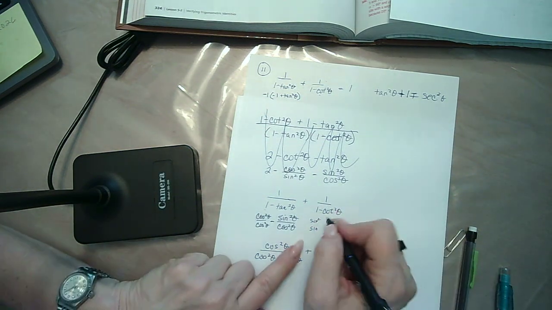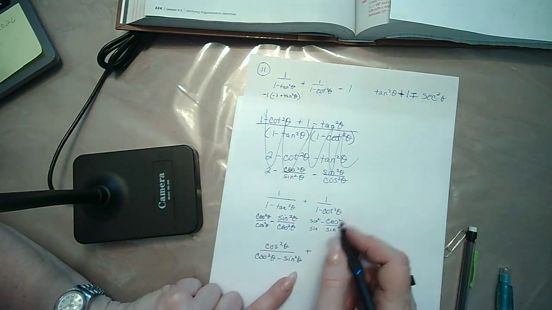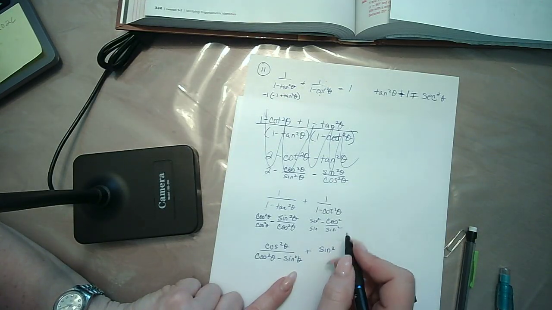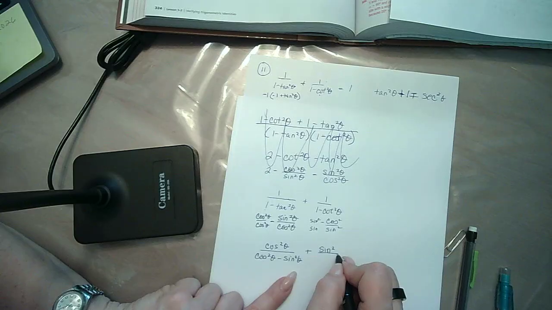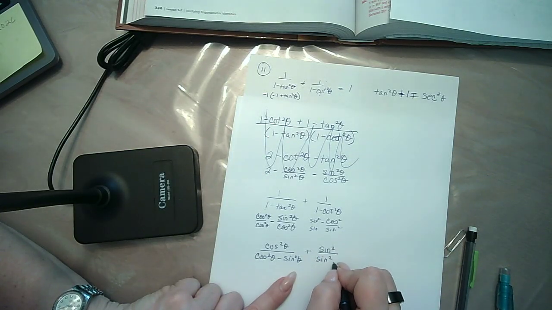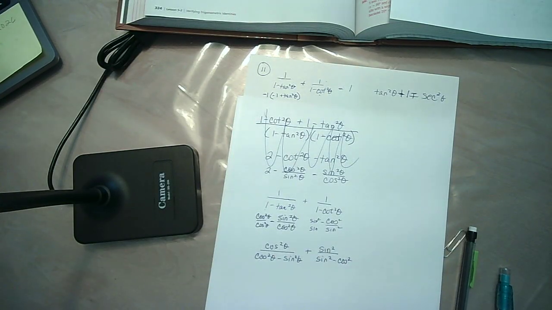So it's, flip this, it's going to be sine squared over sine squared minus cosine squared. See, it's the reciprocal because that could equal 1, but this doesn't. If I multiply them now by each other, they're not conjugate pairs.